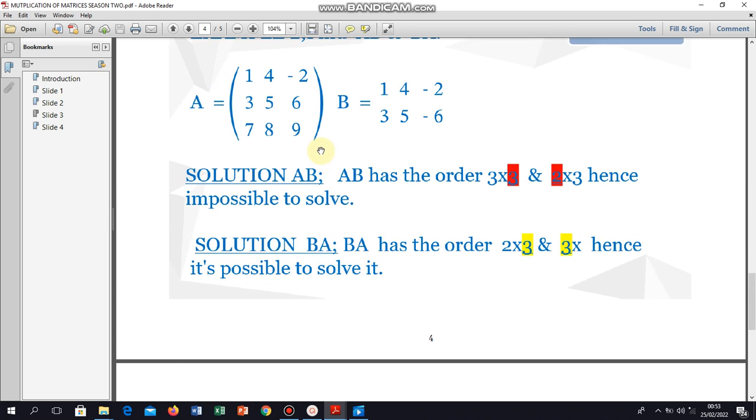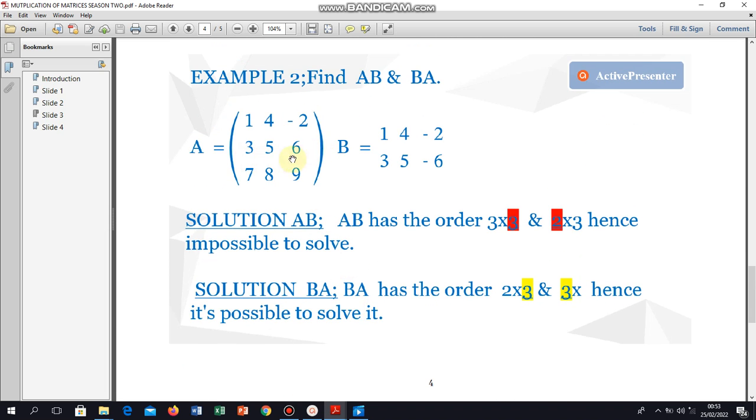Then we move on to get now 3 times 1 plus 5 times 3 plus negative 6 times 7. With that one, we've got the element of the second row, first column.